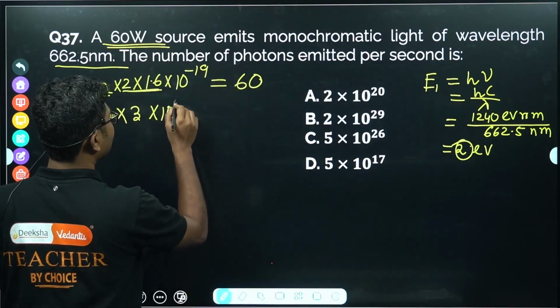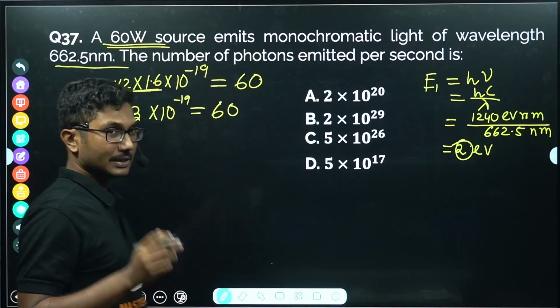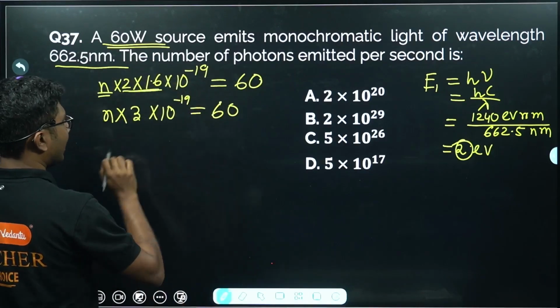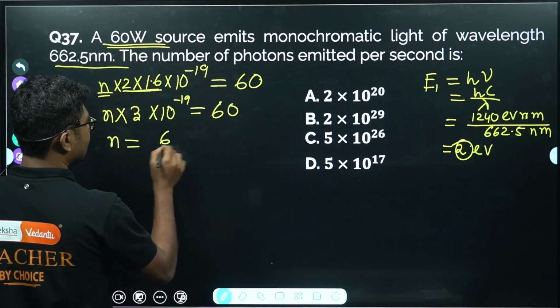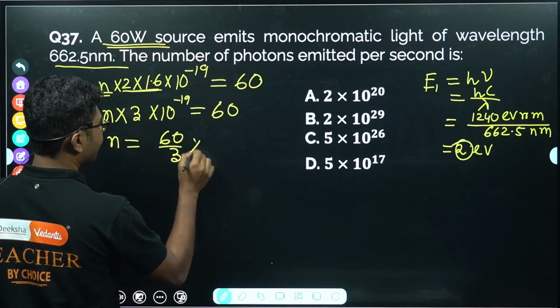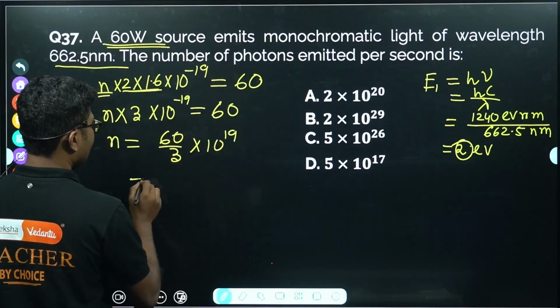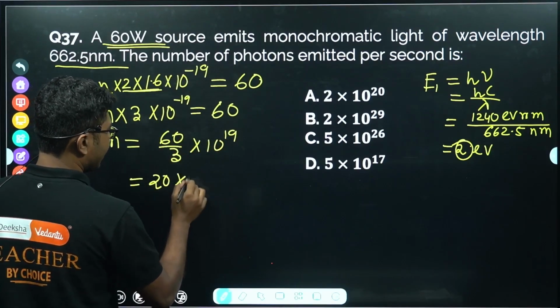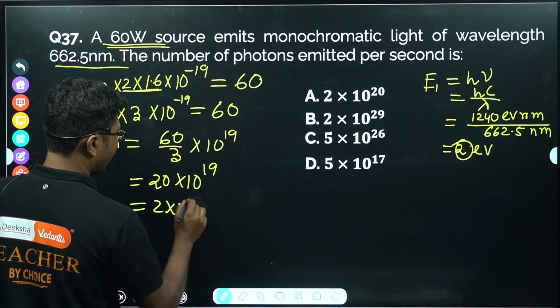You can check the answer using your calculator and tell me if there is any discrepancy. So n will be equal to 60 divided by 3 times 10 to the power minus 19, which goes to the other side and becomes plus. So 20 times 10 to the power of 19, or 2 times 10 to the power of 20.